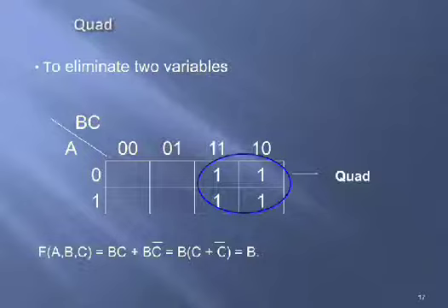Are you understanding? Okay, how am I doing this? The same manner as we did for pairing. For this quad, A will be eliminated because A bar and A are eliminated, and here C bar and C are also eliminated.